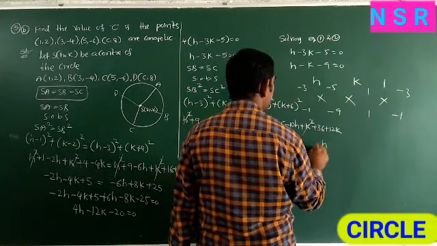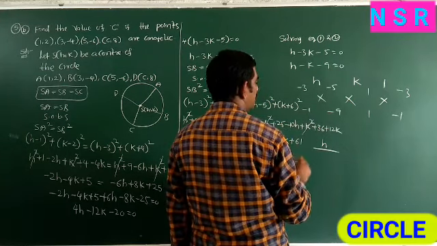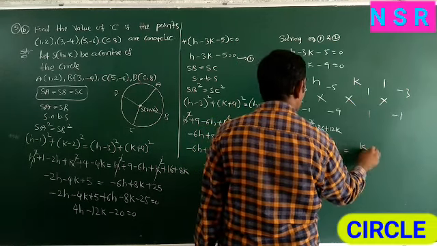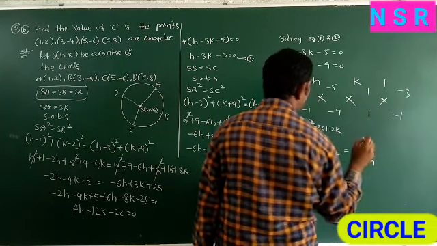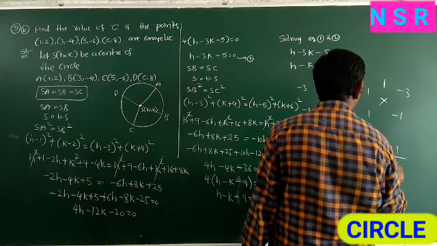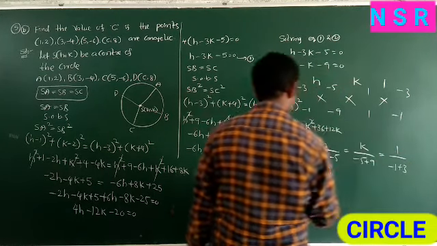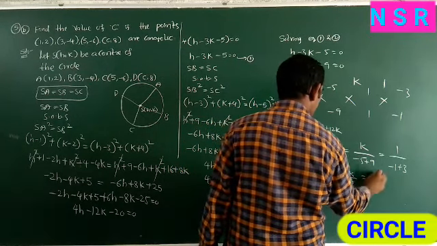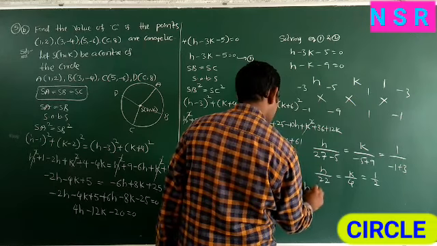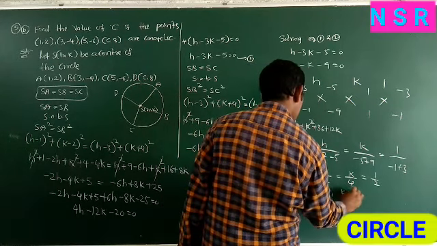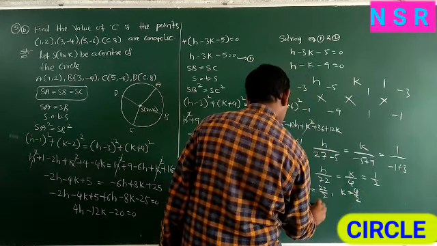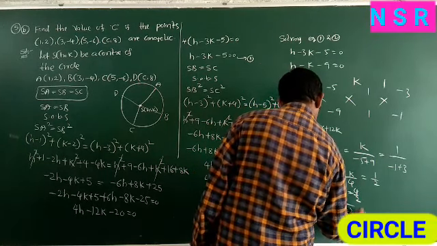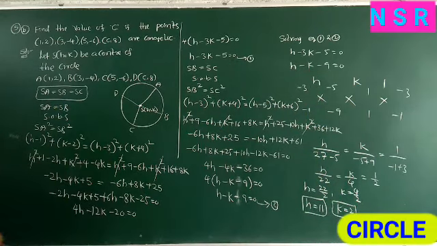So we get h by minus 3 into 9 is 27 minus 5, k by minus 5 plus 9, next 1 by minus 1 plus 3. So h by 22, k by 4 equal to 1 by 2. Now h is equal to 22 by 2, k equal to 4 by 2. So h equal to 11 and k equal to 2. So we get center h comma k.